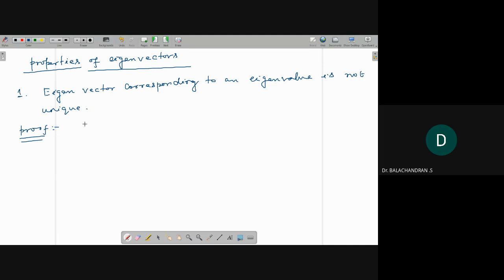So let lambda be an eigenvalue of a square matrix capital A of order n.